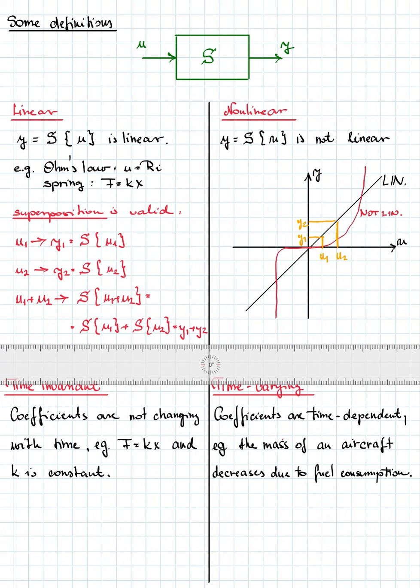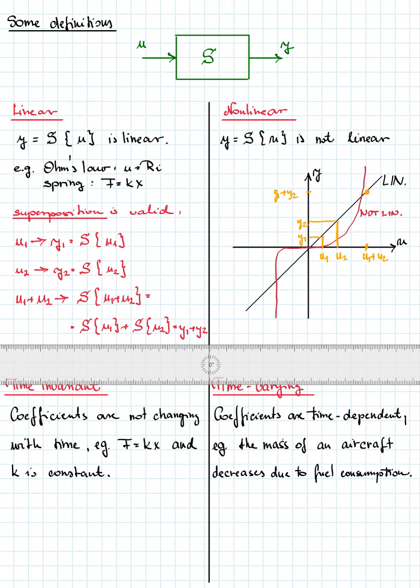And now let's add u1 and u2. It will be here, for example. And the output is here, which is the sum of y1 and y2. So it's very easy to see it is valid.